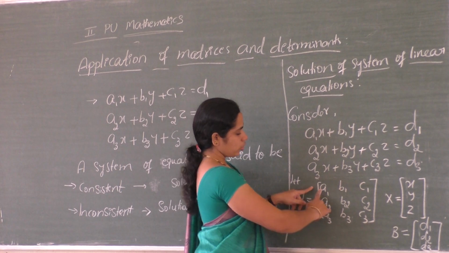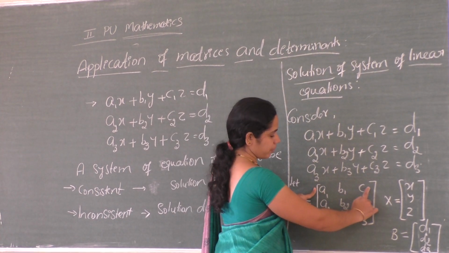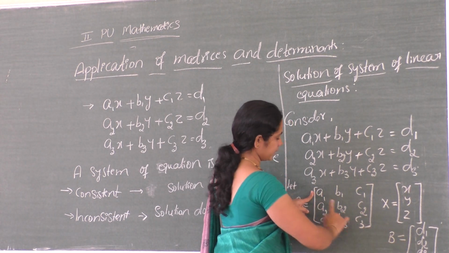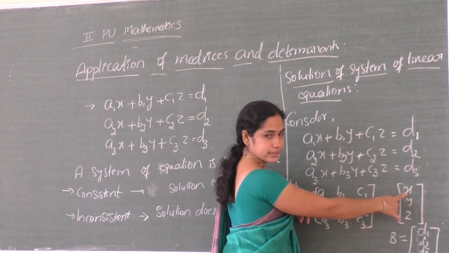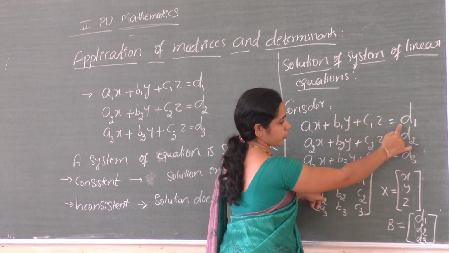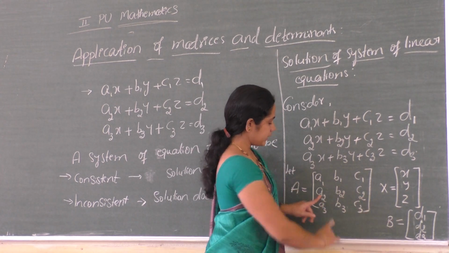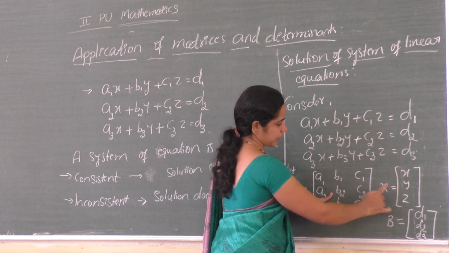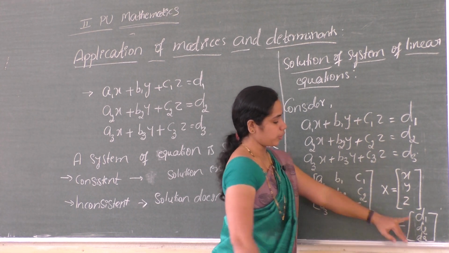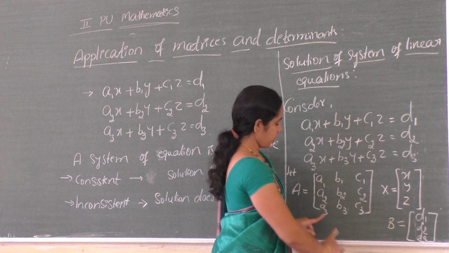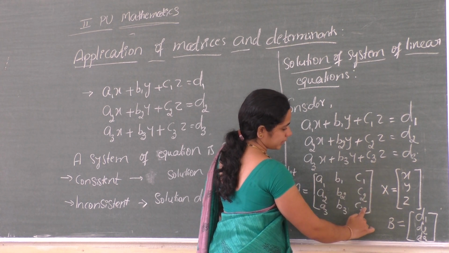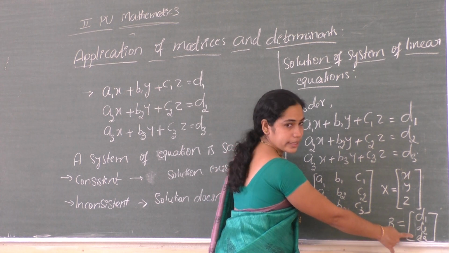Now, you can verify. If we multiply this, we will get B. That is A1x plus B1y plus C1z equal to D1. Similarly, A2x plus B2y plus C2z is equal to the second one, D2. A3x plus B3y plus C3z equal to D3.